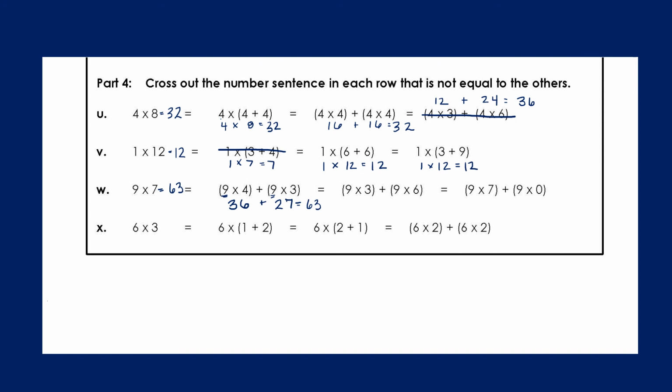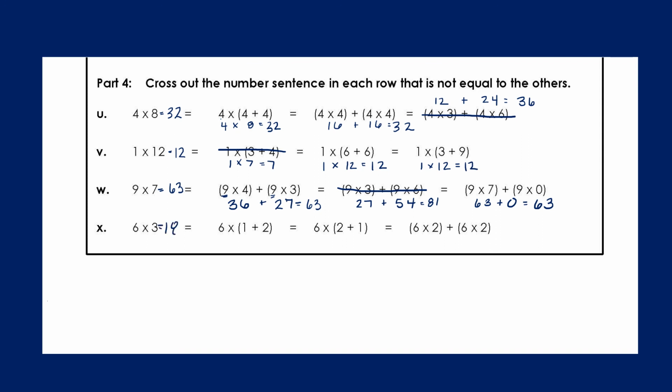So that's okay. All right, 9 times 3 is 27, plus 9 times 6 is 54. That's 81, so that's not going to work. And then 9 times 7 is 63, plus 0 equals 63.